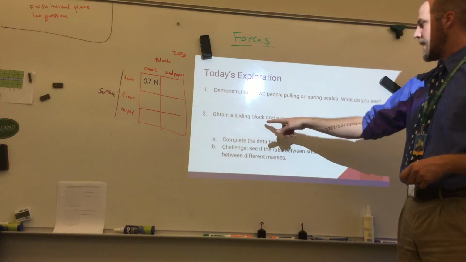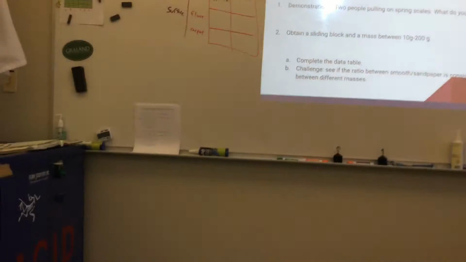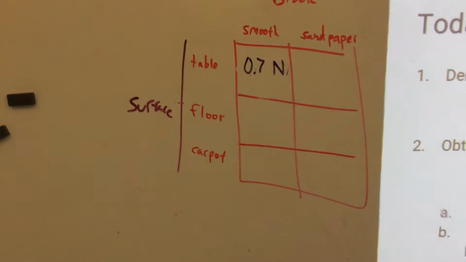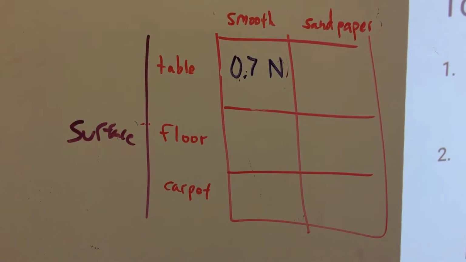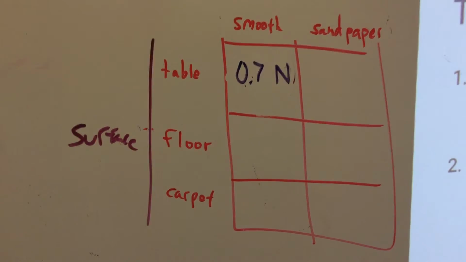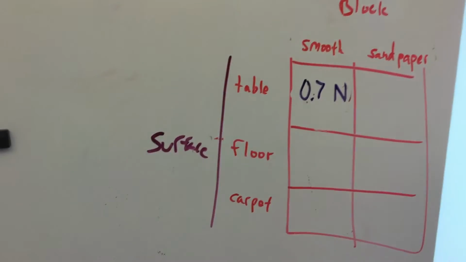And then we grabbed a sliding block and some masses, and if you take a look at that data table right here, what we did is we compared surfaces to each other, the smooth side of the block or the sandpaper side of the block, and then you pulled it on a table or on the floor or on the carpet and recorded those force values. So take this block right here.